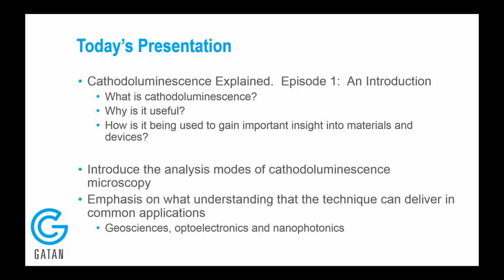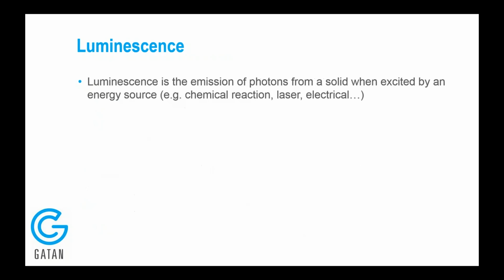My emphasis today will be on sharing with you what sort of understanding the technique can deliver for common applications. So we're going to be looking at a few different use cases from the geosciences, optoelectronic materials, compound semiconductors, and nanophotonics. Okay, so let's begin.